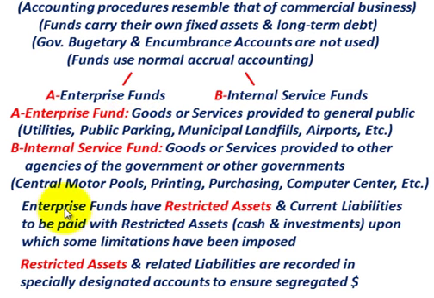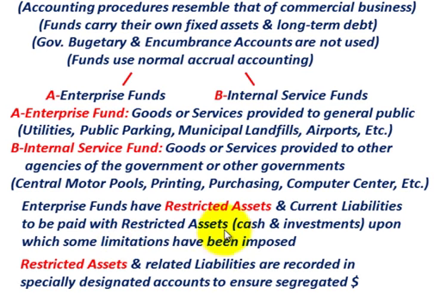Okay, and again, these enterprise funds have what they call restricted assets, and we're going to be looking at those. Those restricted assets are going to be tied into the current liabilities, where the current liabilities can be paid only with the restricted assets. Those restricted assets could be cash or some investments upon which some limitations have been imposed.